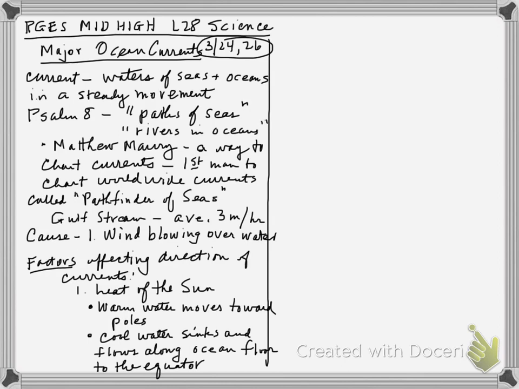So, of course, near the equator that has the greatest amount of direct sunlight, warm water will heat up there along the equator. And, of course, warm things rise. So it rises to the surface and then moves toward the poles. So there's a rising of the water and then a moving along the surface toward the poles.